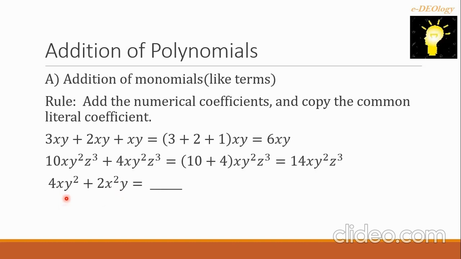For the y, here is exponent 2. Here is with exponent 1. So we can conclude that these two terms are dissimilar, and dissimilar terms cannot be combined. So when we are required to put the answer here, we simply copy the same problem: 4xy square plus 2x square y.